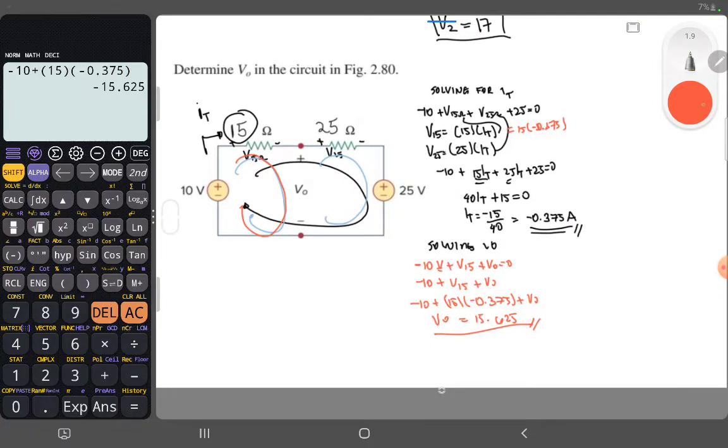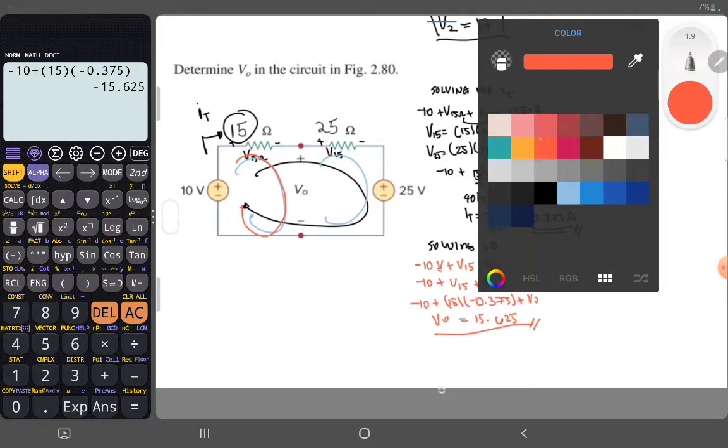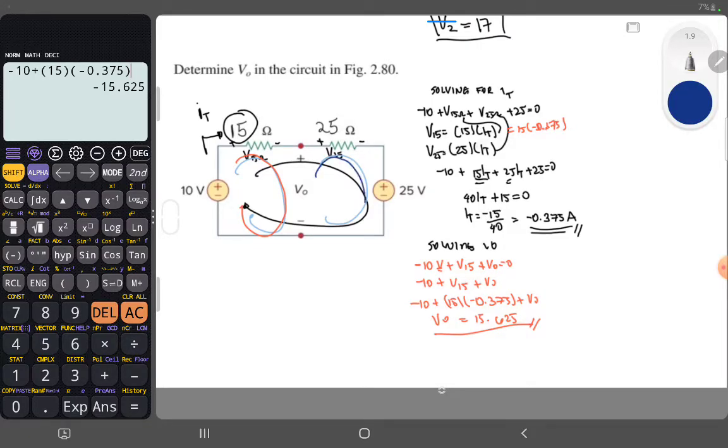Okay, i-verify natin yung VO. If I would have, or I will create KVL here. Okay, so let's say 1, 2. So KVL at loop 2 at dependent loop 2, which is yung ating negative VO plus V25 ohm plus 25 volts equals 0.